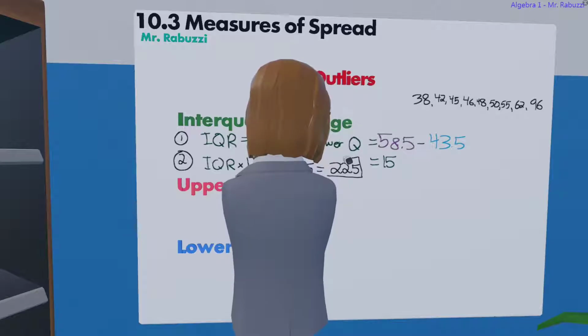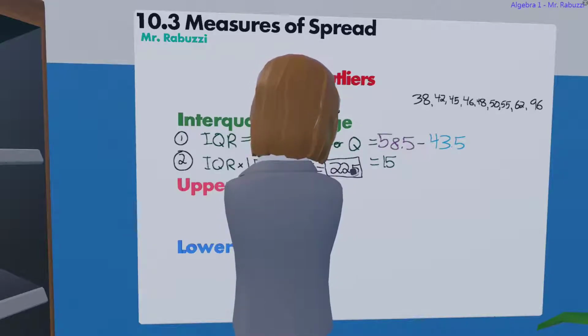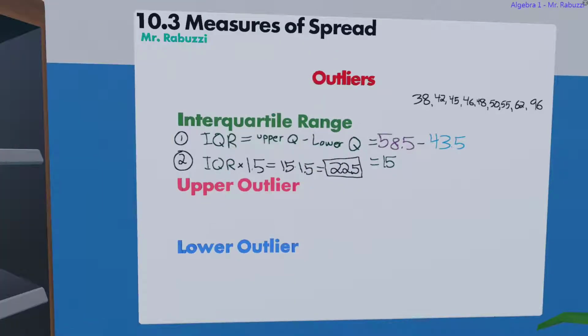Okay, this number, let me put the point in there, make sure it's there. 22.5. That number tells us where our outliers are. So we're going to look to see if we have any upper outliers.